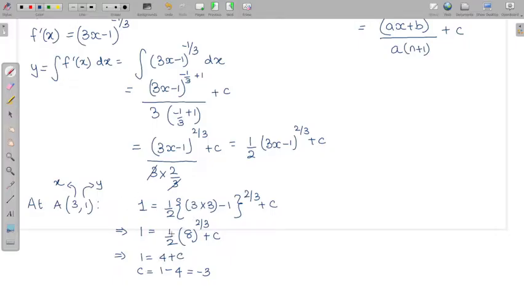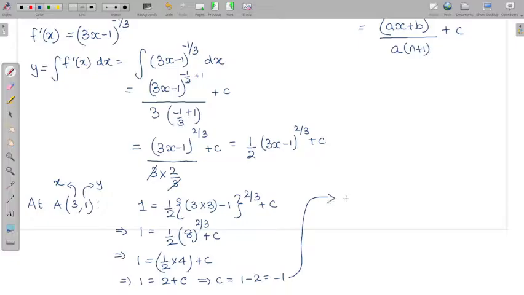One more thing, there is a half out here, so I skipped that. So this will be 1 equals half into 4 plus c. So that is 1 equals 2 plus c, and from here we can say that c is equal to minus 1.